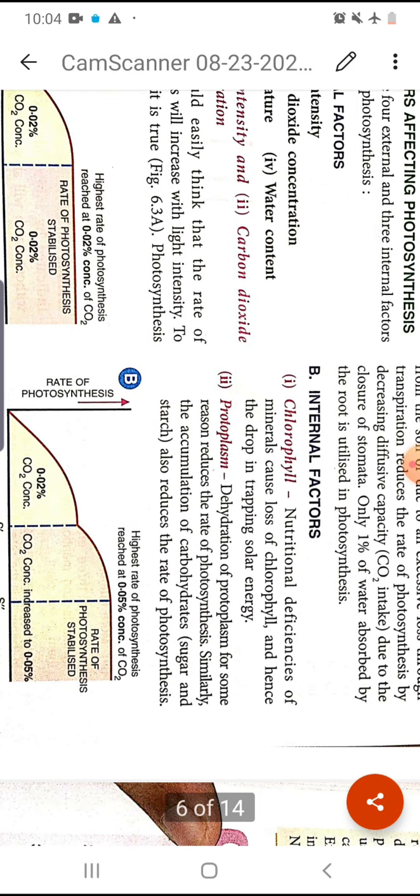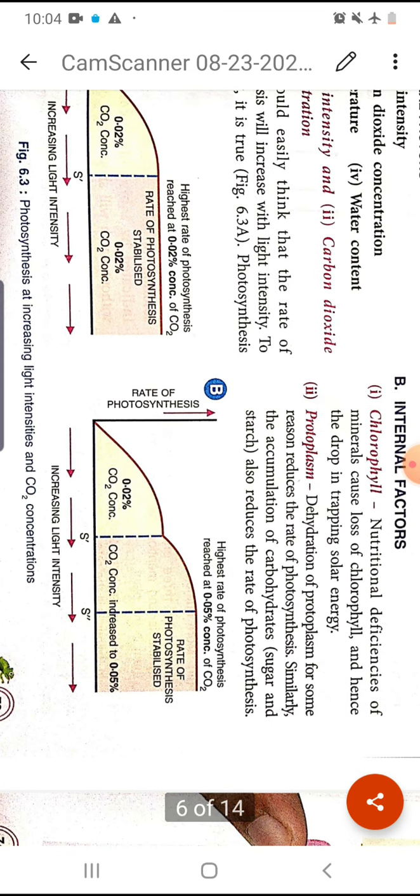And the internal factor, that is chlorophyll. You know that if there is loss of chlorophyll, then they cannot trap the light energy properly, so the rate of photosynthesis will decrease. And protoplasm: dehydration of protoplasm, for some reason, can reduce photosynthesis.